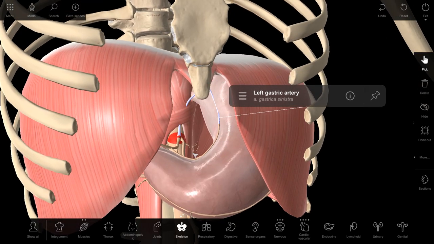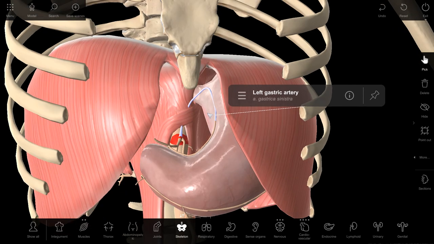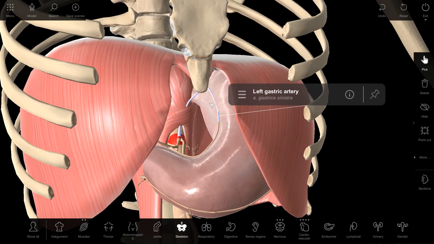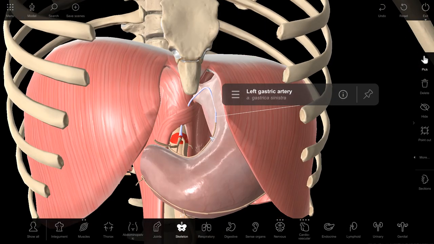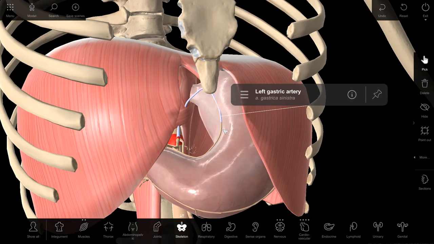Left gastric artery, which is on curvatura ventriculi minor. In this place is located the less epiploon. So practically in this structure is hidden arteria gastrica sinistra.